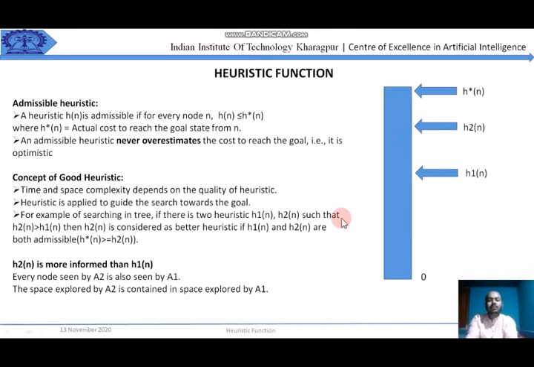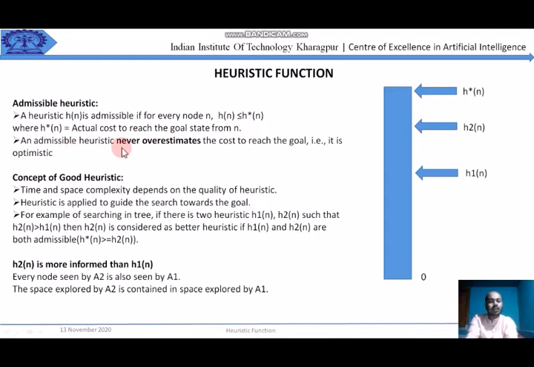So we have to discuss the heuristic function in some detail, because there is a relation between the space and time complexity and the heuristic function. A heuristic is admissible if for every node n, h of n is less than or equal to h star of n, where h of n is the heuristic function and h star of n is the actual cost to reach the goal state from n.